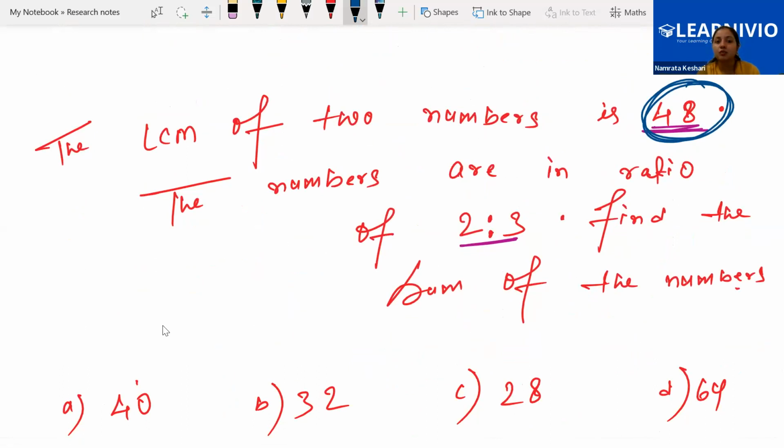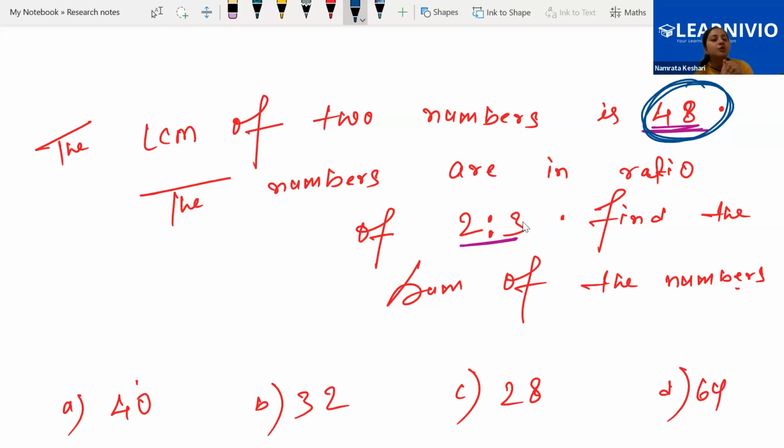Let's summarize everything we did here. The numbers are in ratio 2:3. Whenever we have a ratio in mathematics, we can separate them by multiplying the same term. So we take the first number as 2x and the second number as 3x. What extra information is given in the question?